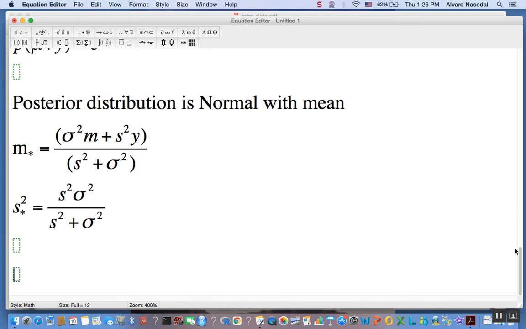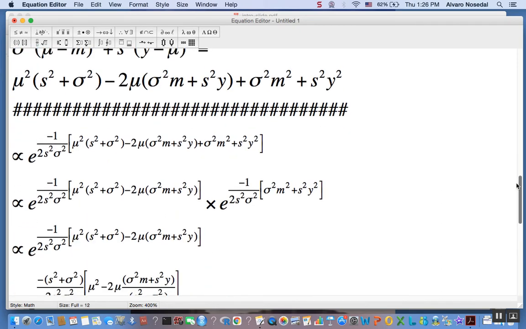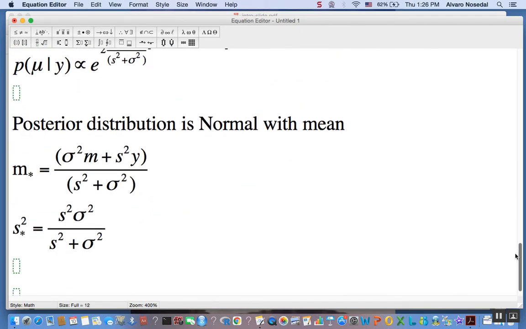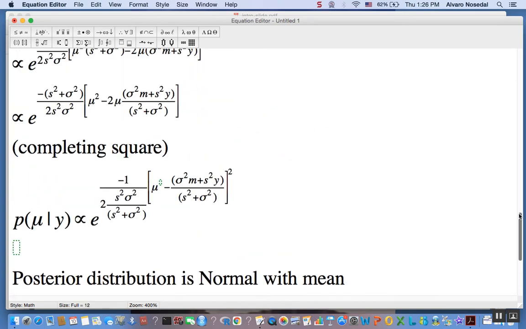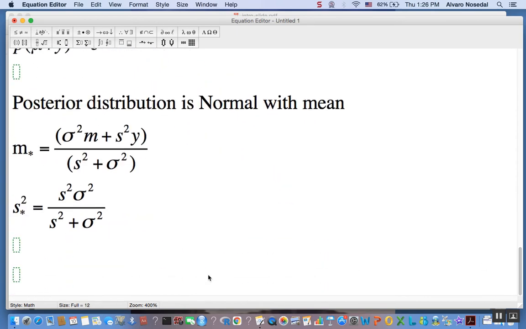But in this case, it takes a little bit of work, and we didn't even talk about all the details here. We did it in another video, but even just having a general idea of what to do takes a while. So in the particular case of a normal, we want to have those updating rules very clear in our minds.